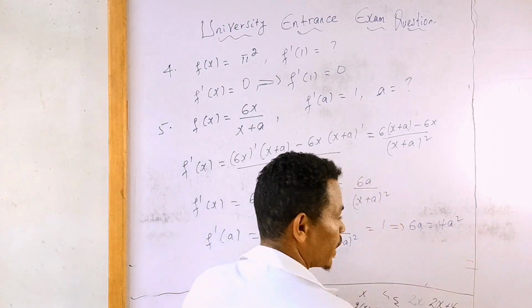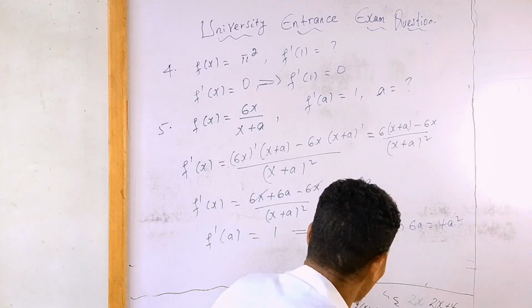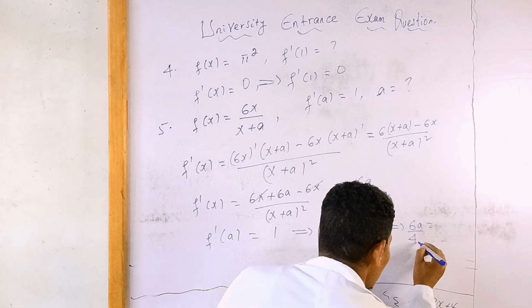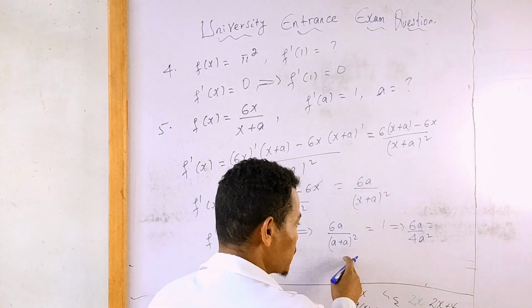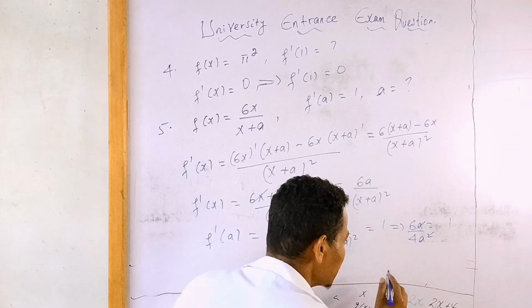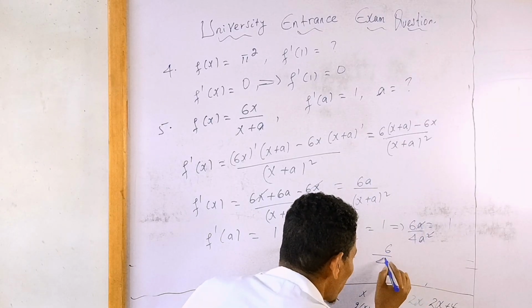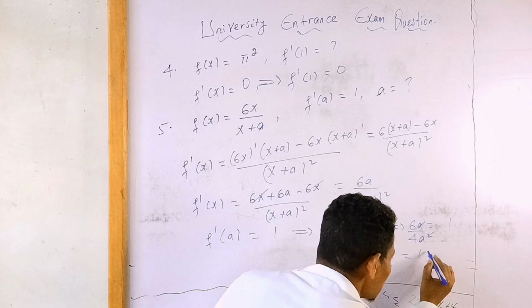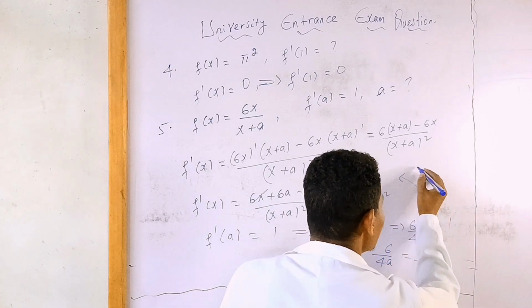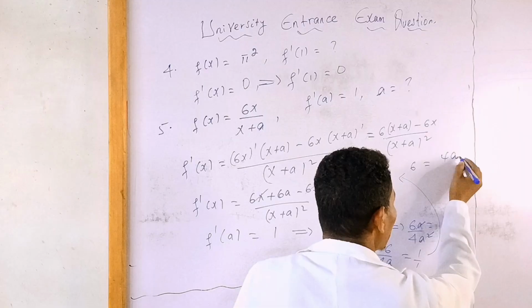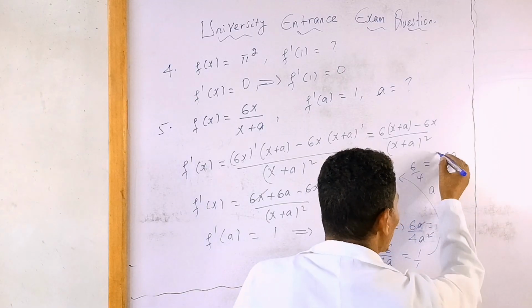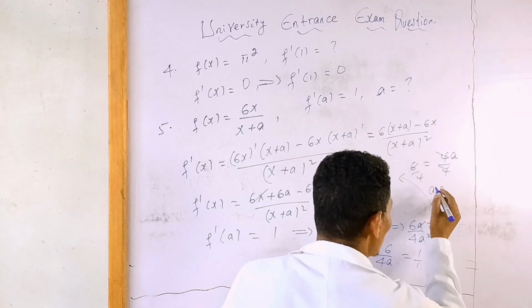So 6a over 4a square is equal to 1. One a cancels with one a. Then we get 6 over 4a is equal to 1, which implies 6 is equal to 4a. Then dividing by 4, 6 over 4 is 3 over 2, so a is equal to 3 over 2.